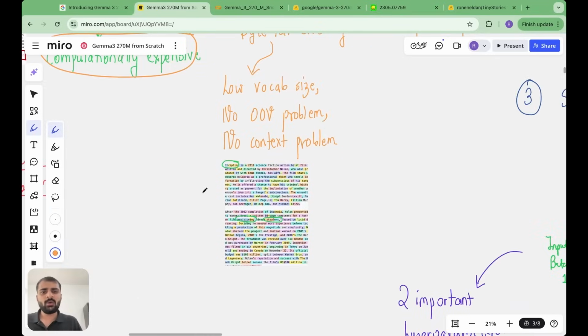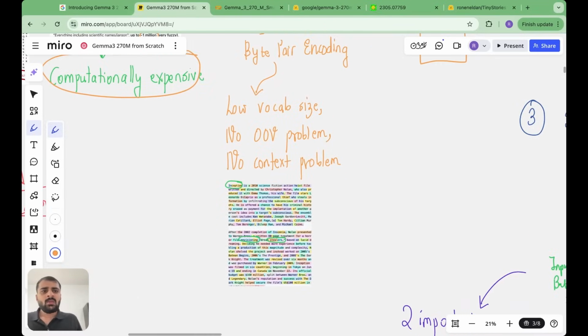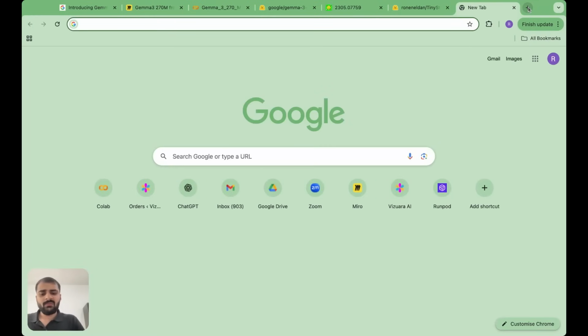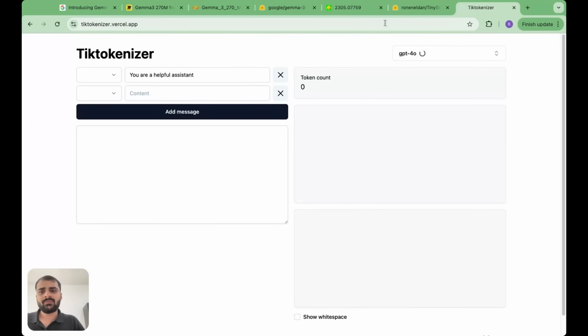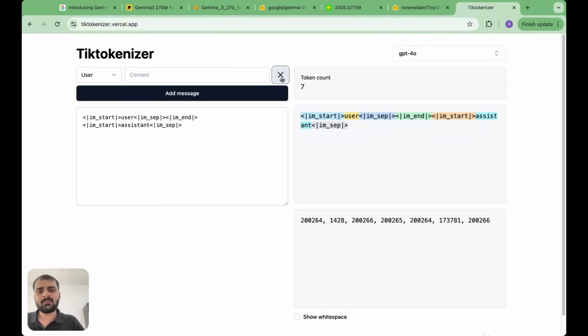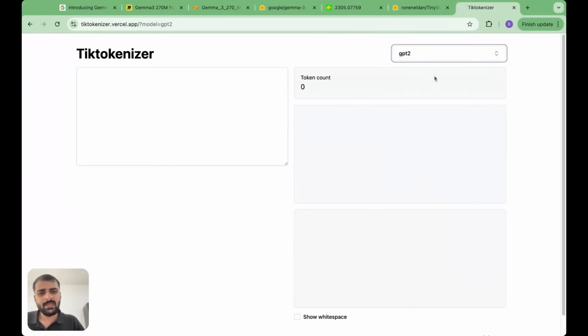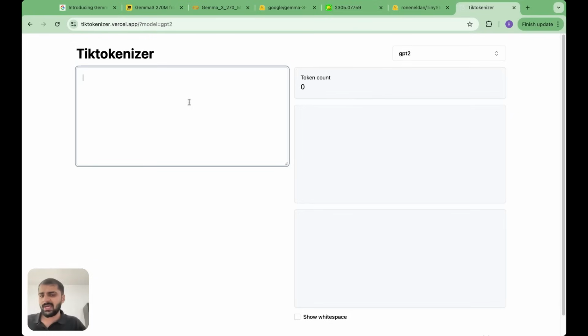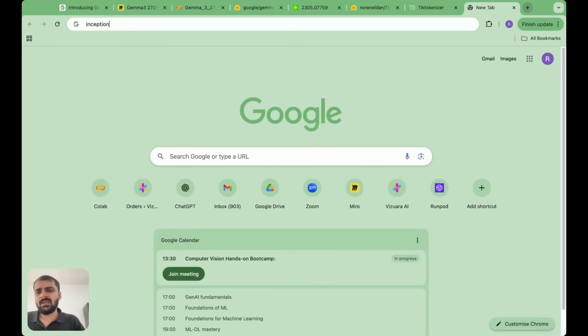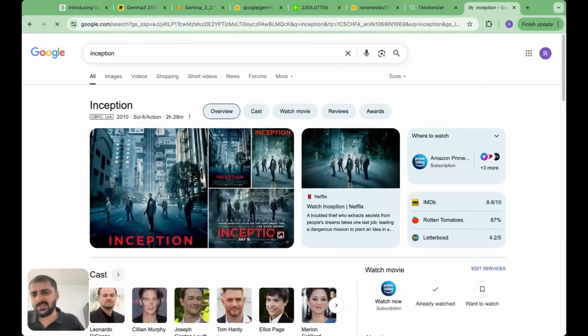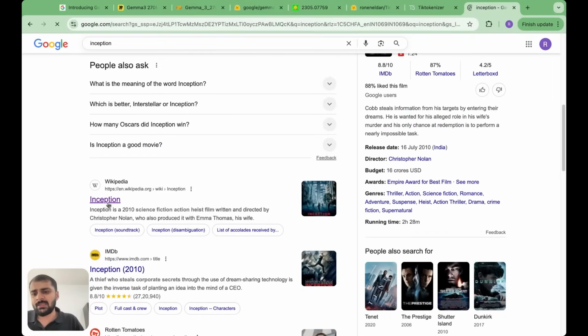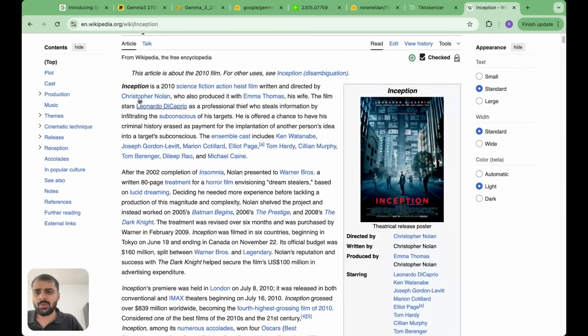In fact, what you can do is go to this interactive playground called Tick Tokenizer, and you can select the tokenizer here to GPT-2. GPT-2 had a subword tokenization scheme called byte pair encoding, and you can take any text, let's say I go to this movie Inception, and I take the description of this movie Inception over here.